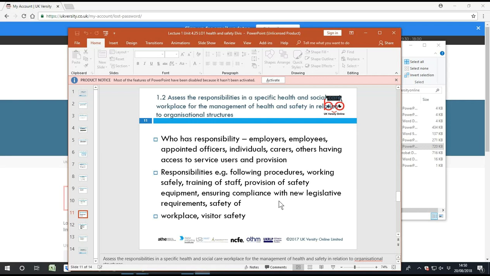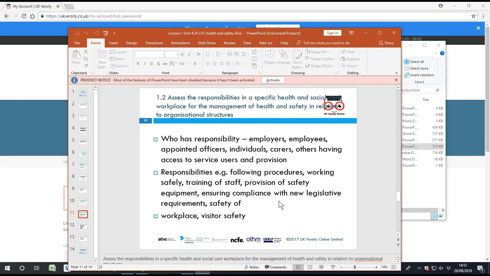That does not mean that employees have no responsibility. Employees are also supposed to ensure their own health and safety, ensure the health and safety of other staff, and most importantly, ensure the health and safety of the clients, which in this case might be patients or residents they are caring for.